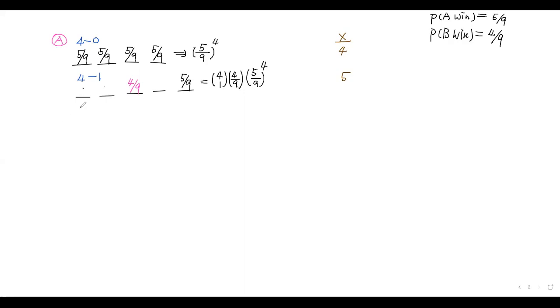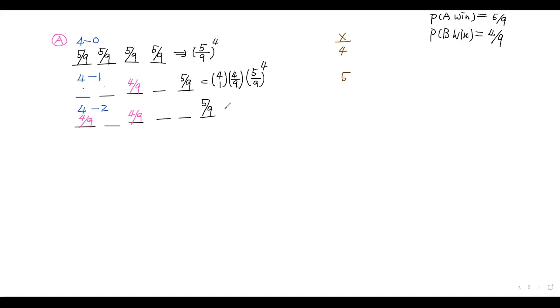Now let's take a look at 4-2. Right? So here, 4-2, that means 6 games. 1, 2, 3, 4, 5, 6. Still, as we talked before, the last game always has to be winning. Now, out of the 5, how many am I going to lose? 2 of them. So for example, it's here 4/9, 4/9. All the others are wins, right?